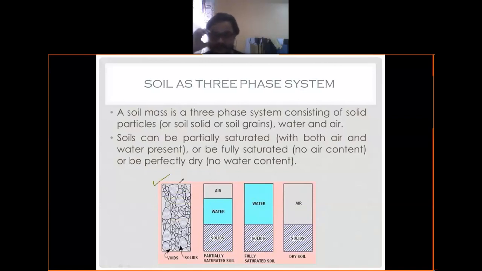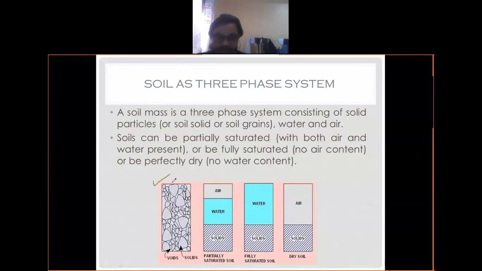Here, this is a representation of soil which actually exists in nature, and this is a microscopic view. You cannot see this with the naked eye, but if you zoom in on the soil mass, it is possible to see this kind of structure.